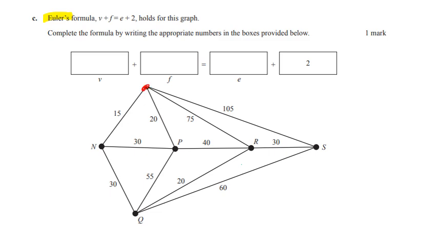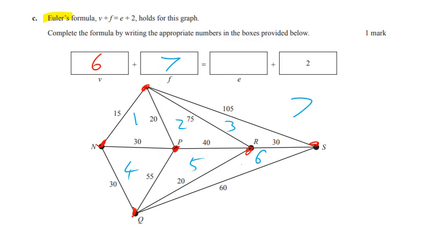So we've got 1, 2, 3, 4, 5, 6 vertices, so that's 6. If we then look at faces, we've got 1, 2, 3, 4, 5, 6. Or do we? Don't forget the one on the outside. That's the little trick to remember there. So that's 7. And then we've just got to do edges.